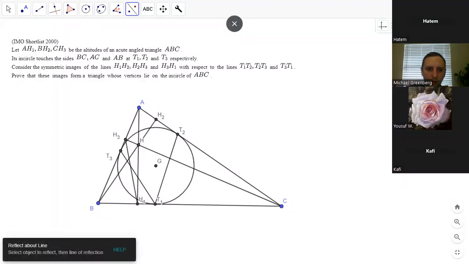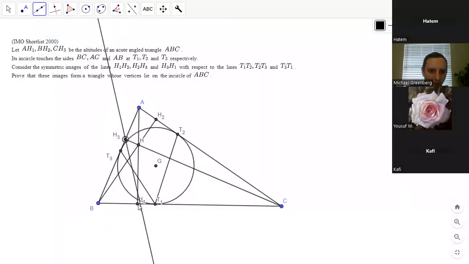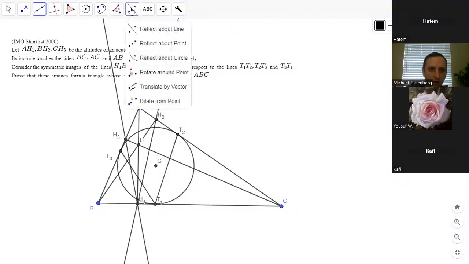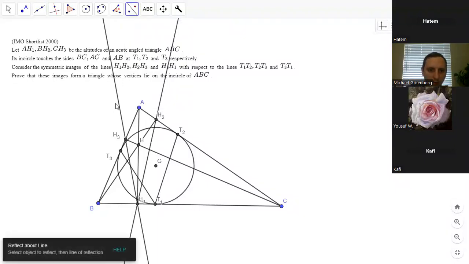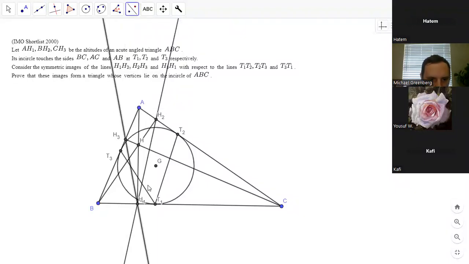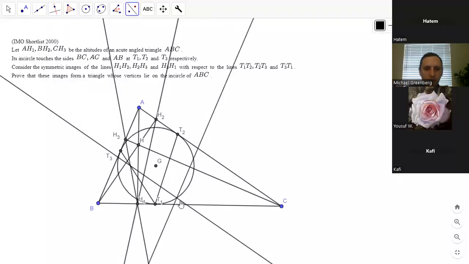So let me draw the entire lines. And I want to reflect this line about that, and I want to reflect this line about that. And I want to show that these two intersect on the nine-point circle.